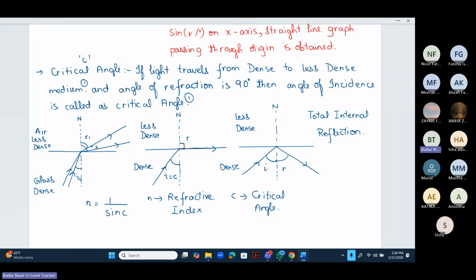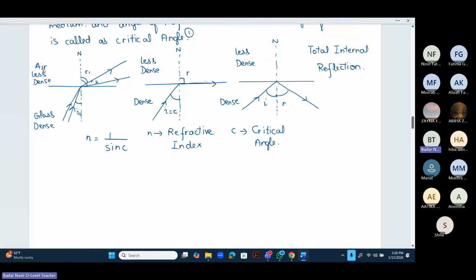अब 2 मार्क की एग्जाम में डेफिनेशन आती है फॉर टोटल इंटरनल रिफ्लेक्शन एज वेल. So what is the definition for total internal reflection?